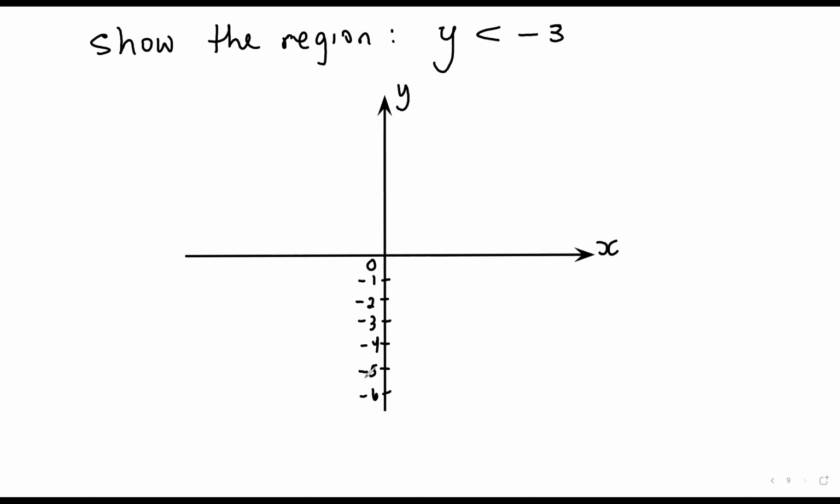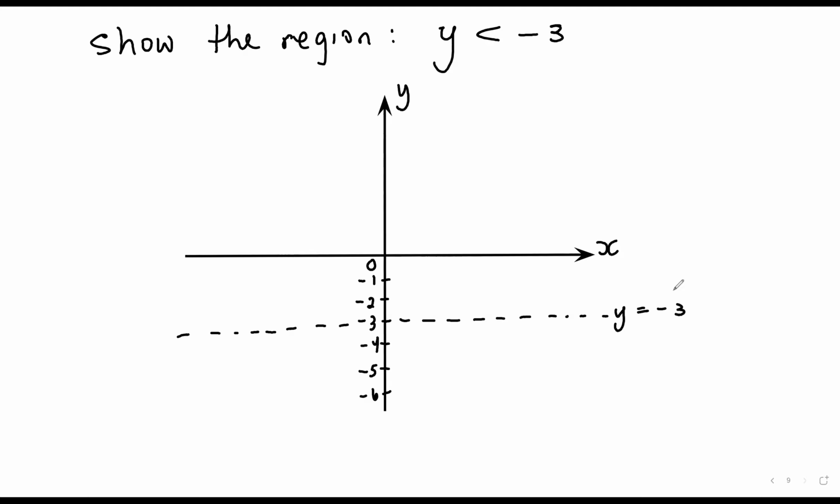So if I want to show the region where y is less than -3, I first need to sketch the line y is equal to -3. The line y is equal to -3 is going to be a horizontal line passing through the point 0, -3. So this line that I just sketched here is the line y is equal to -3.